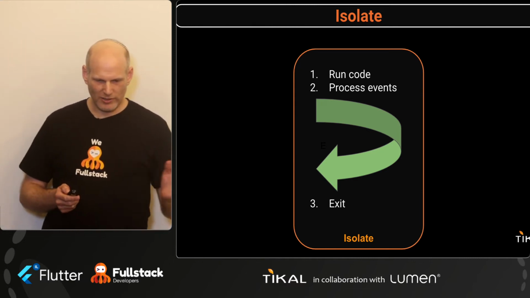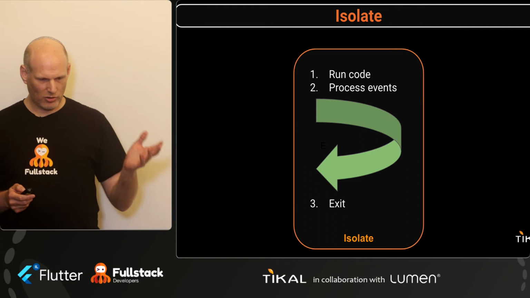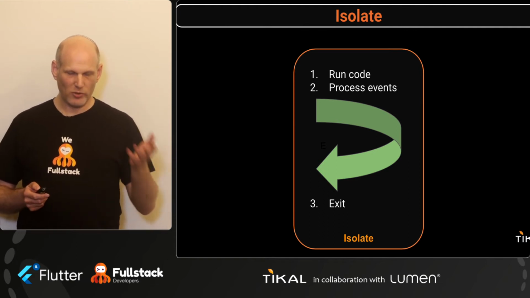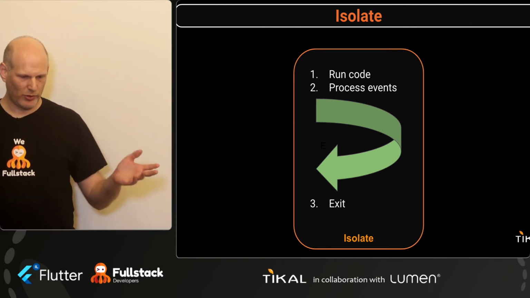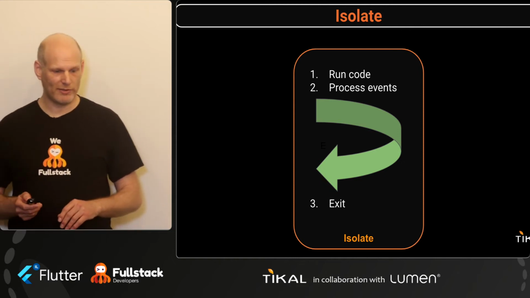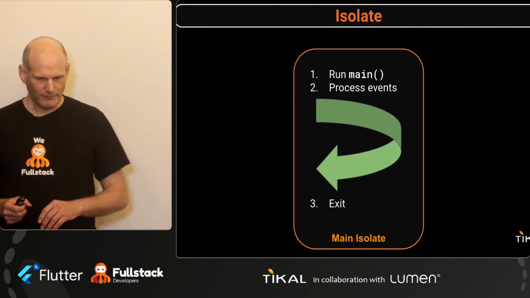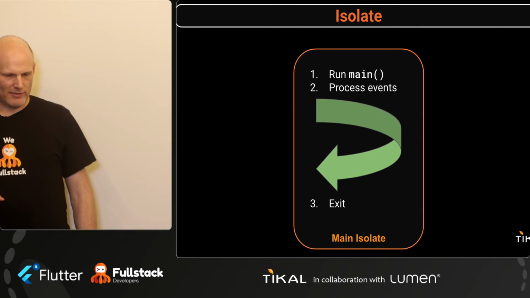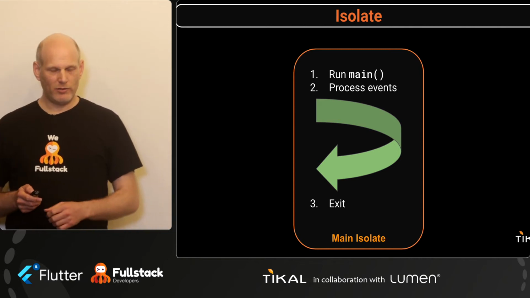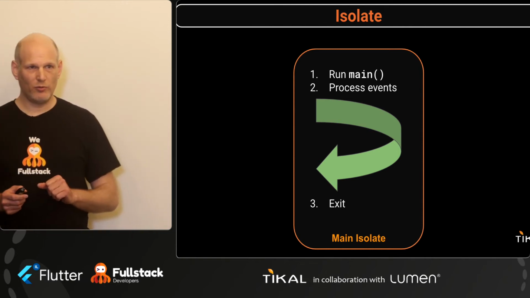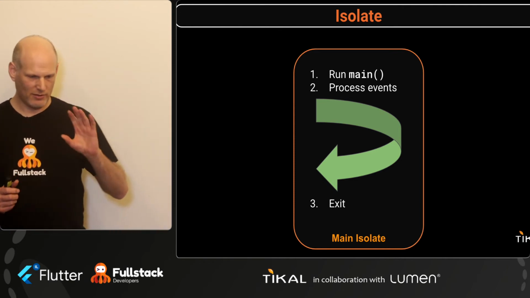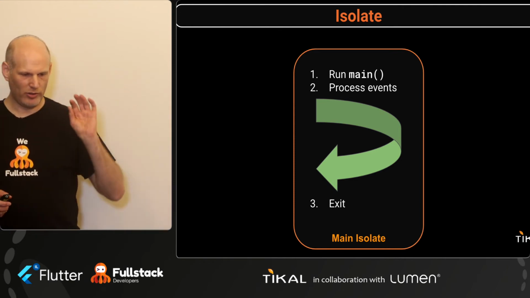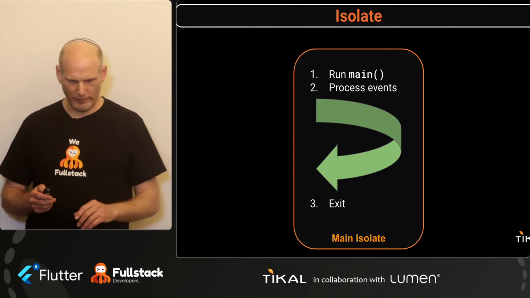It has some function as an entry point, runs the code, the event loop processes events, and at some point it exits, possibly returning some result. The main isolate has its main function as an entry point. So in all those examples I showed you before with void main, Dart knows that that's the main entry point. That's the code that it needs to run in the main isolate.